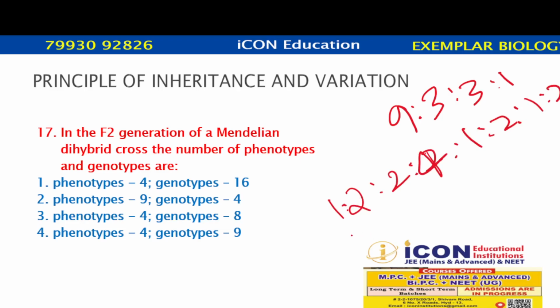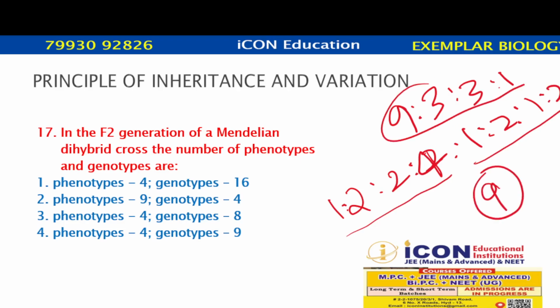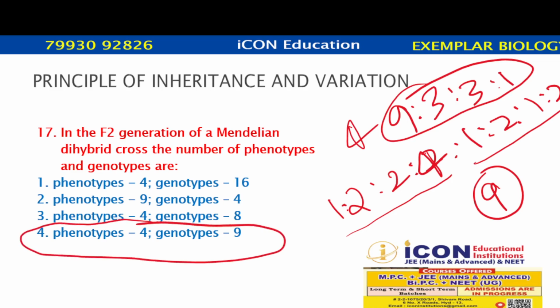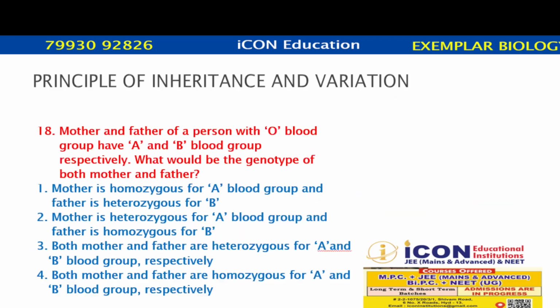So, in that way we will find 4 plus 5, 9 genotypes and 4 phenotypes. So, what is our answer here? 4 phenotypes and 9 genotypes.